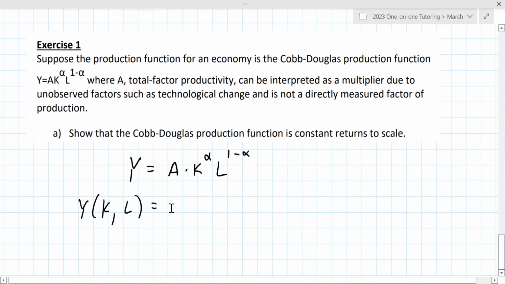All right, so here's how you proceed. They say to show constant returns to scale.